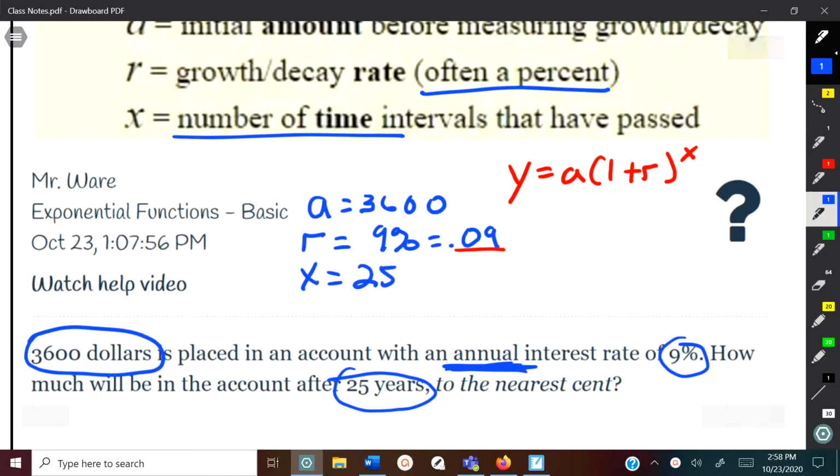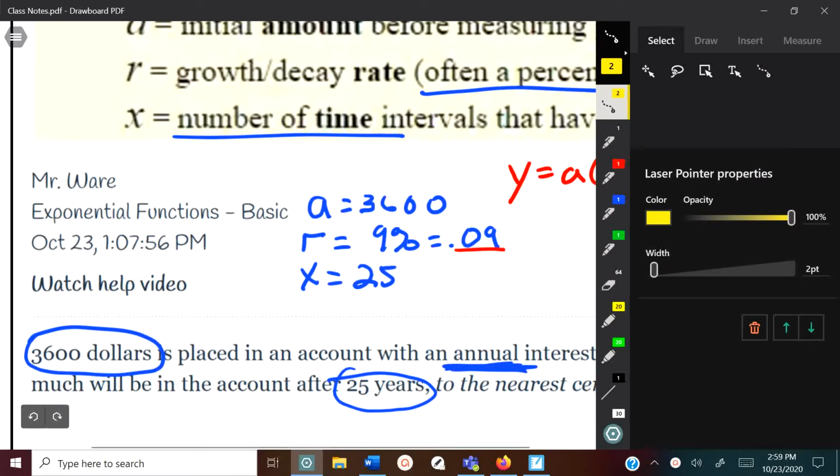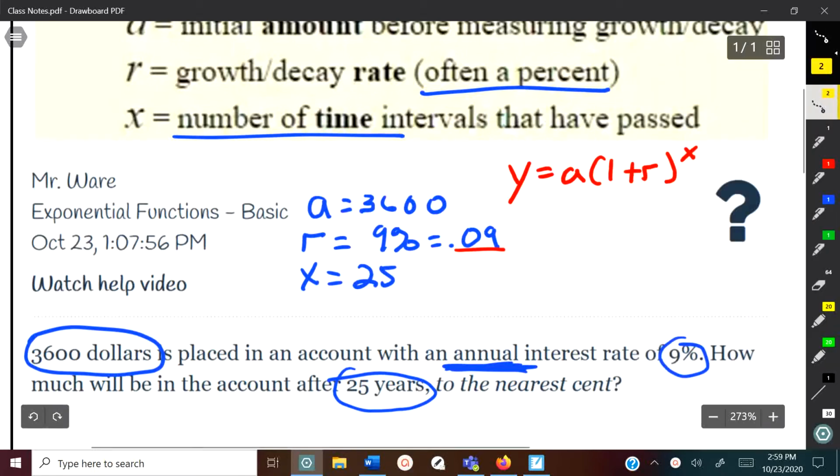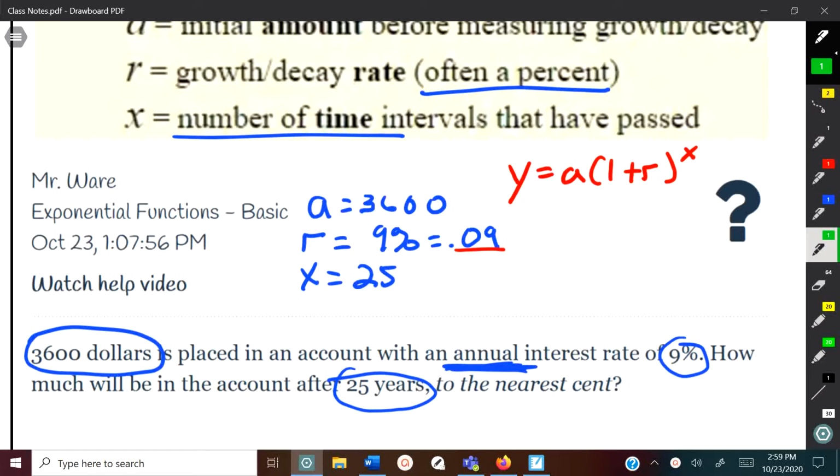Now, the only thing you got to do now is plug each one of those things in here. So A is 3,600. Let me write it down here.